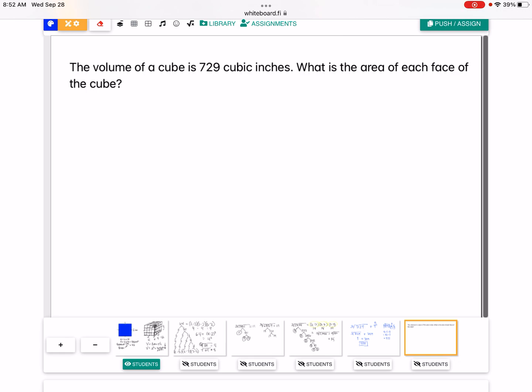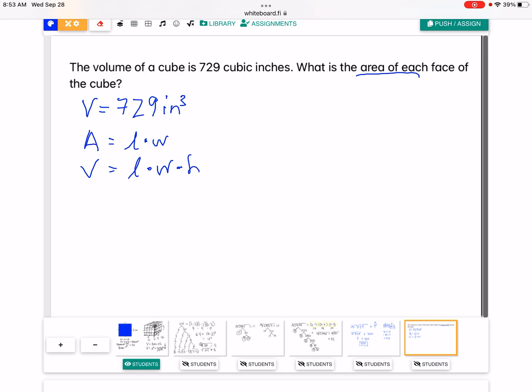Well, what I know is that volume is 729 cubic inches, right? And so I'm trying to find area. And I know that area is length times width. And volume is length times width times height.